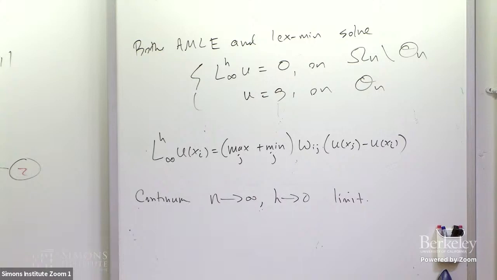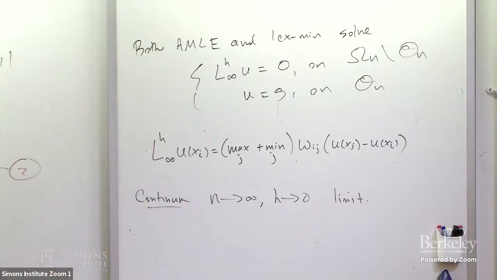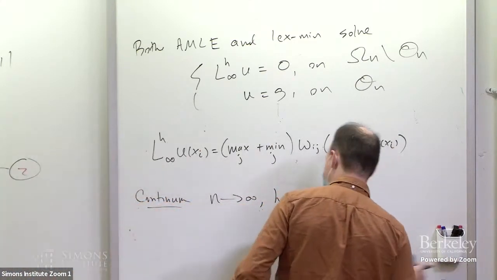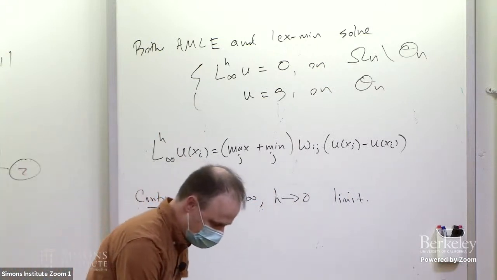And so this has been studied in several previous papers by myself and by other people. We're giving some new insights on the convergence rates for this problem. Okay, so just to give an idea, now I'm going to see how quickly I'm going here.